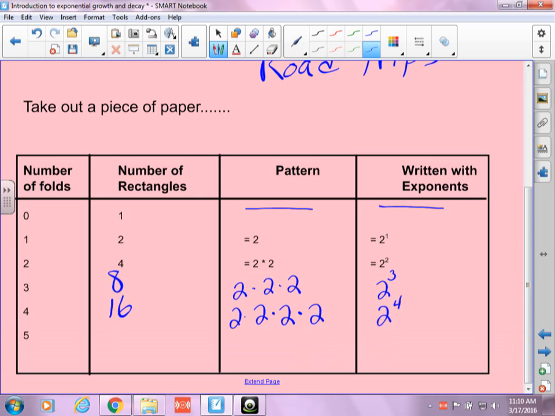All right, fold it again, one more time. This is hard. Open it up. How many rectangles do you have? You have 32, which is 2 times 2 times 2 times 2 times 2, or 2 to the 5th, right?